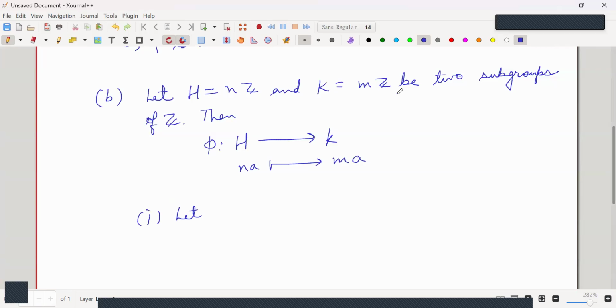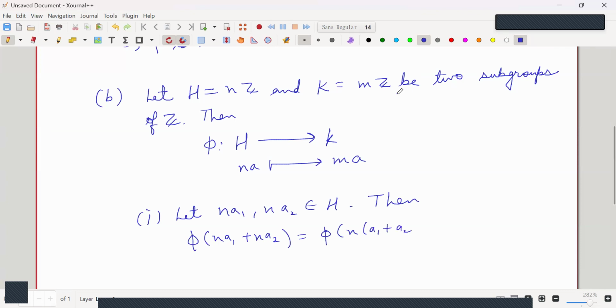Let NA1 and NA2 be two elements in G. Then phi of NA1 plus NA2 is phi of N of A1 plus A2.